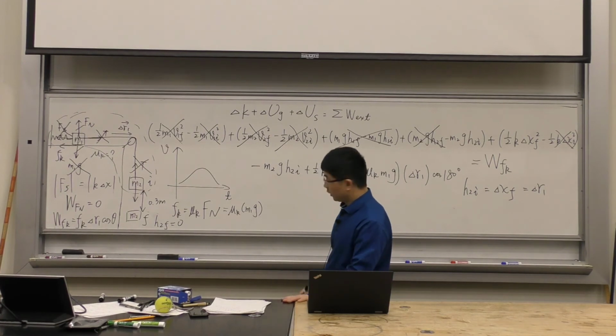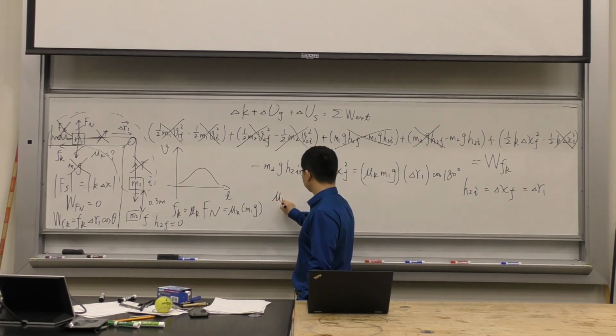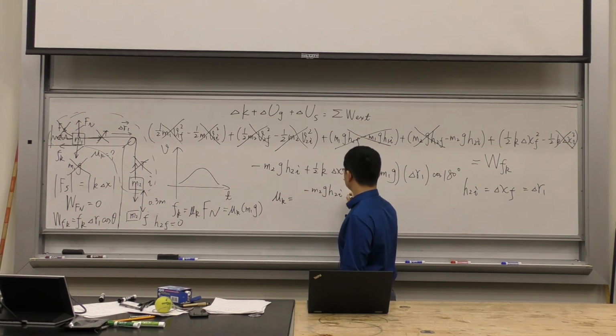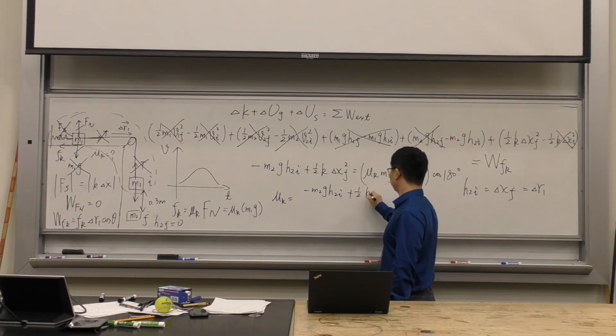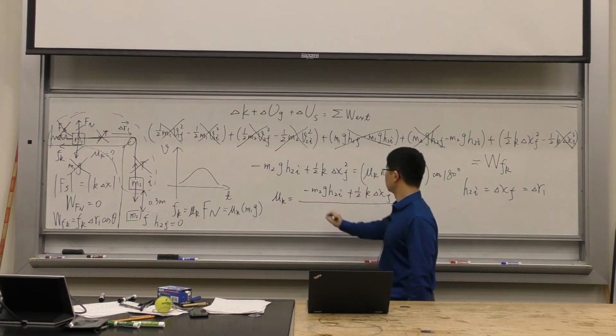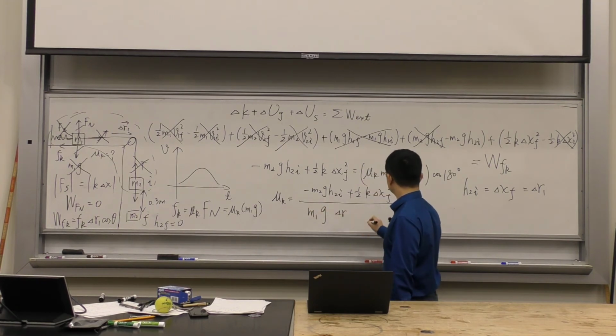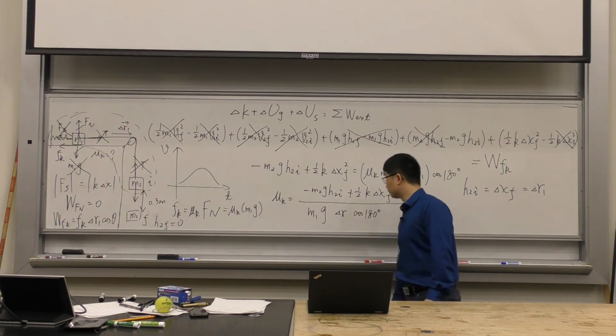If you do the algebra, what do you get? You will get mu k is just going to be this whole thing plus 1/2 k delta xf squared over m1 g times the displacement of m1 times cosine 180. You have all the numbers.